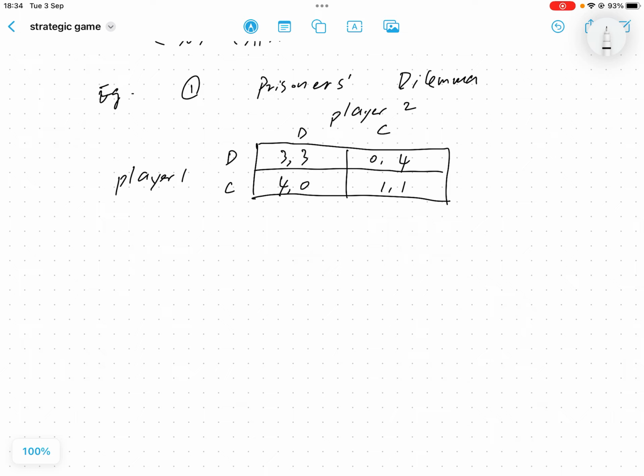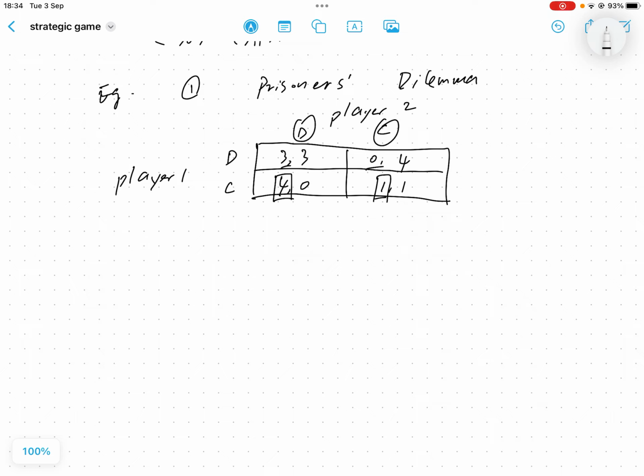For now, intuitively, suppose player 2 is choosing D. Then it's obvious that player 1 must choose C to get this 4, because 4 is higher than this number. If player 2 is choosing C, then player 1 also chooses C to get this 1 instead of the 0.